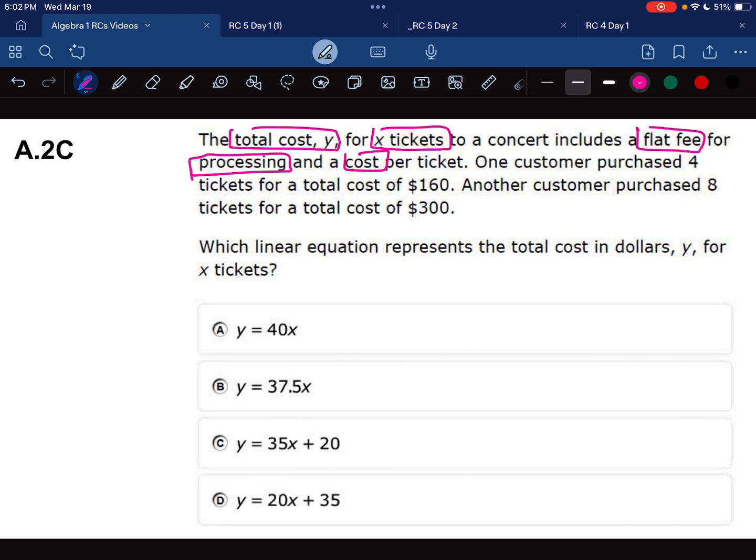One customer purchased 4 tickets for a total cost of $160.